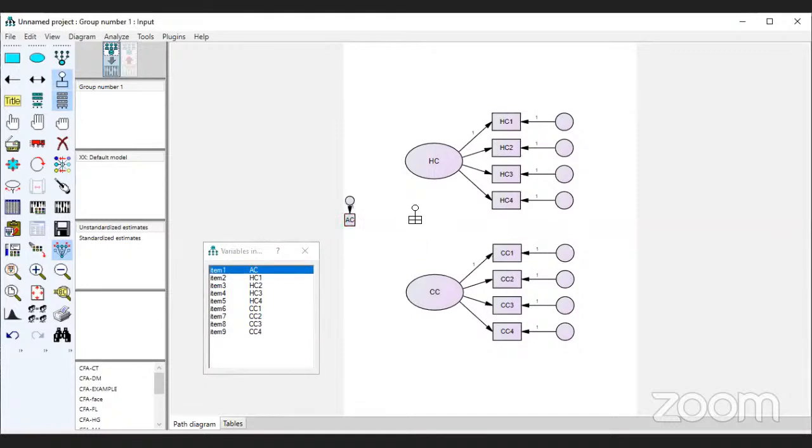So this is it. Now the lines, the connection among them. All of these are determinants for the AC. So we need to use this arrow. Bring this arrow from this place to AC. Bring this one also from this place to AC.